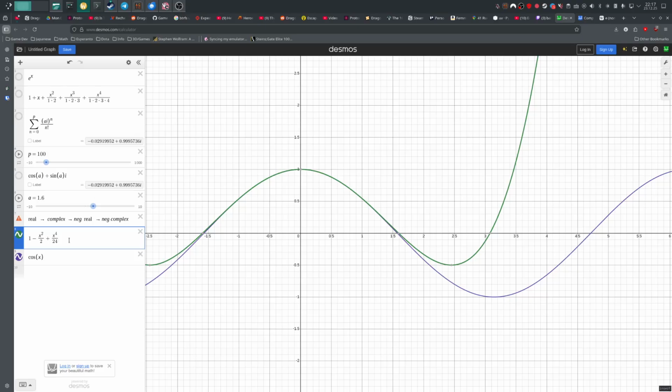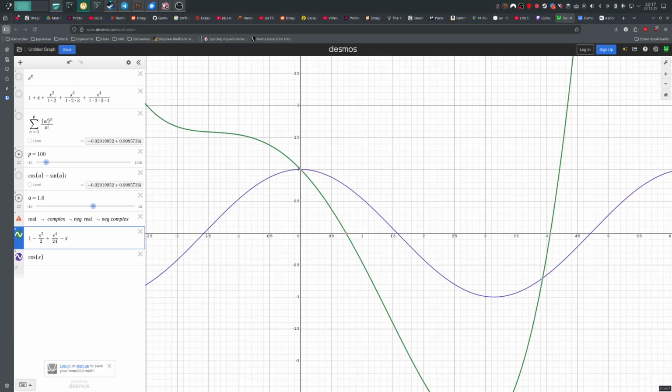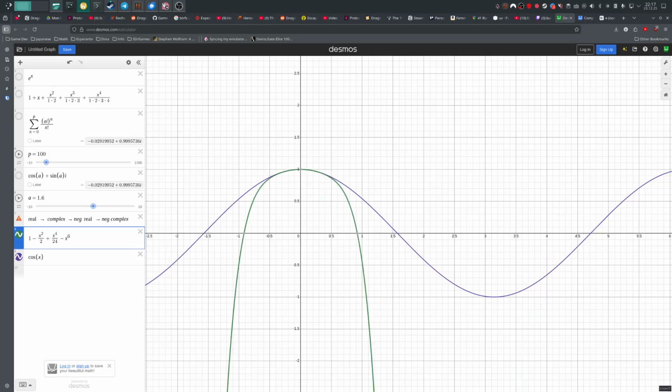Now we alternate. We have minus x, we skip the 5, it's 6 now, divided by 2 times 3 times 4 times 5 times 6. You see it fits.